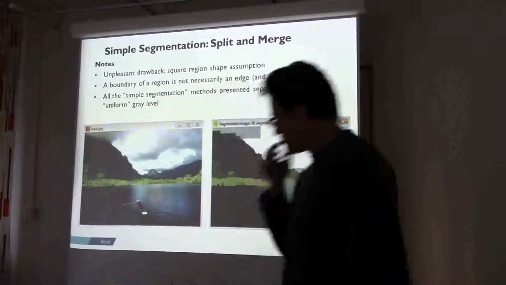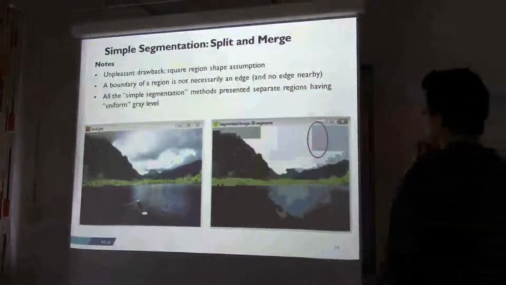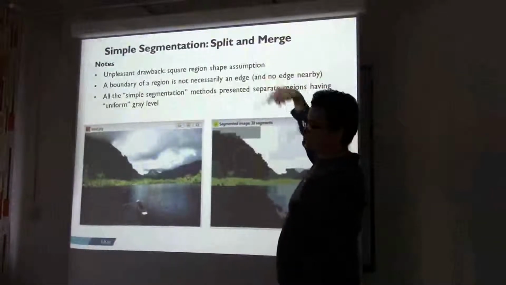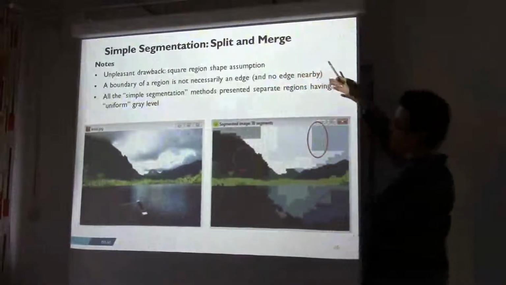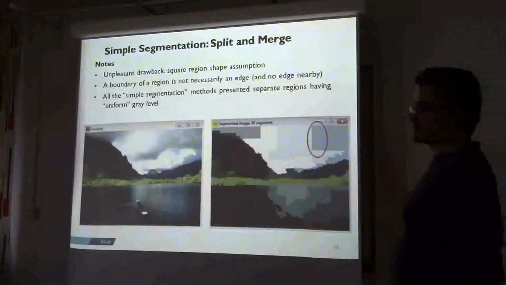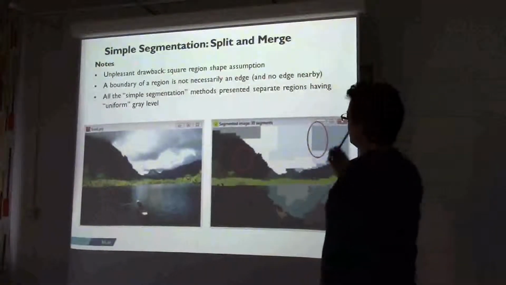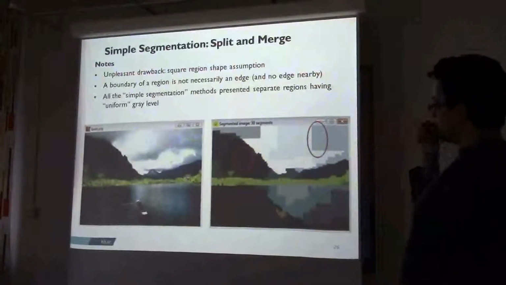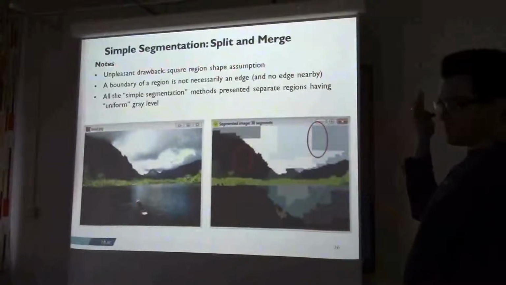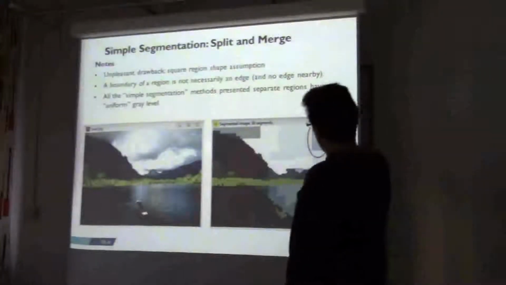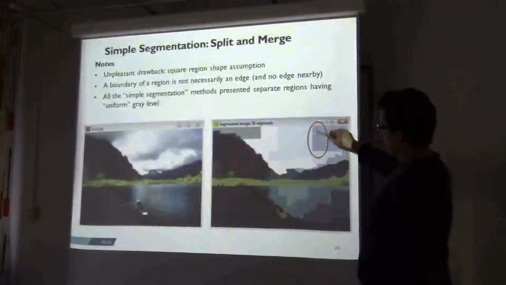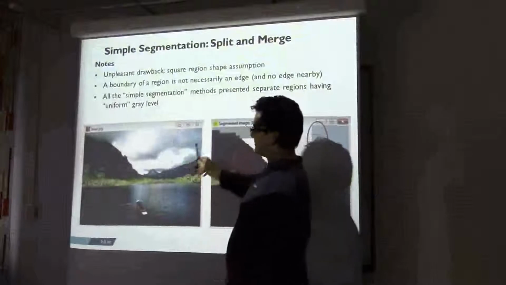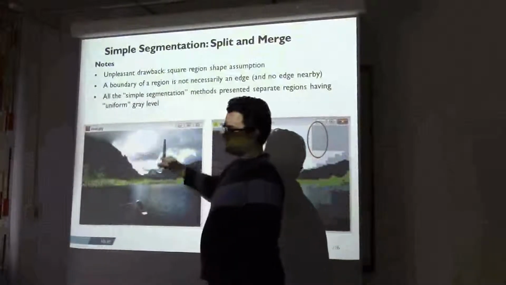And some things with this algorithm are that, of course, assuming that you get square regions maybe is not good for the eye, maybe. And you maybe get regions separated where you don't have a clear boundary. You see here that you get these two regions separated. Why? Well, this is a dark region, this is a bright region.